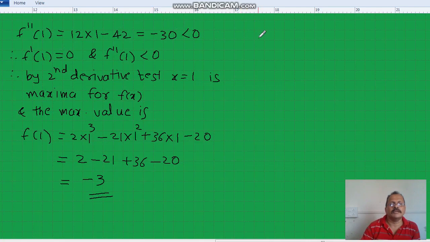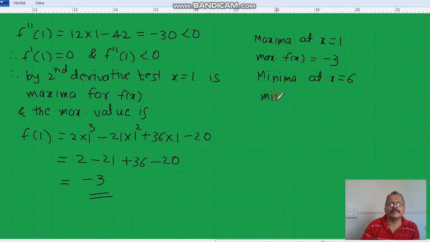And finally write the answer. Maxima at x equal to 1, maximum f(x) is equal to minus 3, minima at x equal to 6, and minimum f(x) is minus 128. Highlight this answer and you will get full marks.